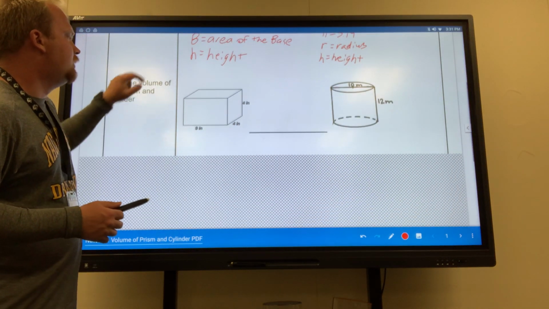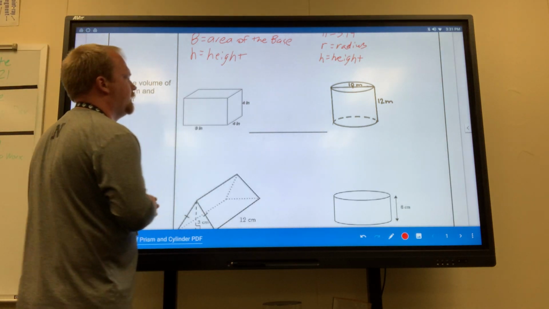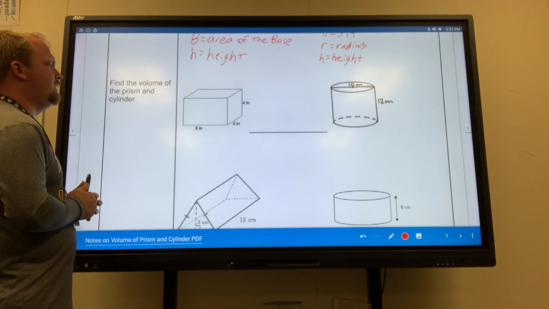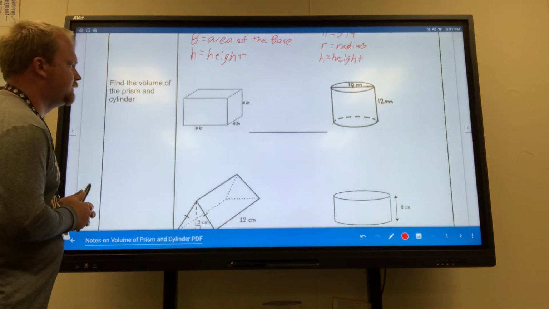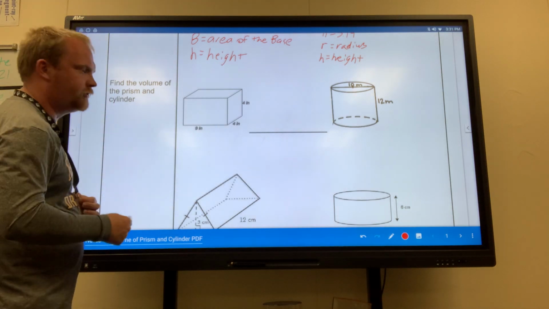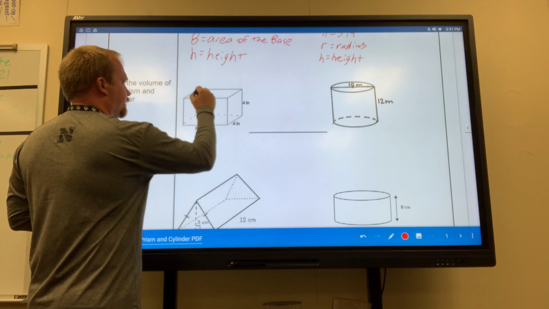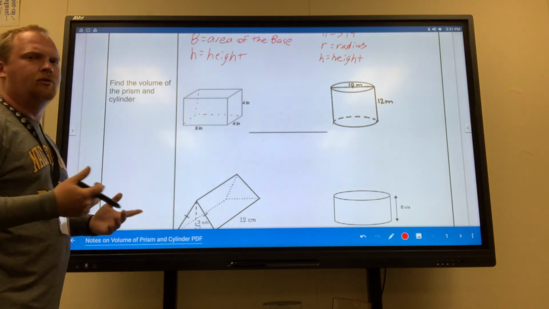Now, if I look at this figure right here, I got a rectangular prism, basically. So I can draw this out like this, to make it look more three-dimensional.